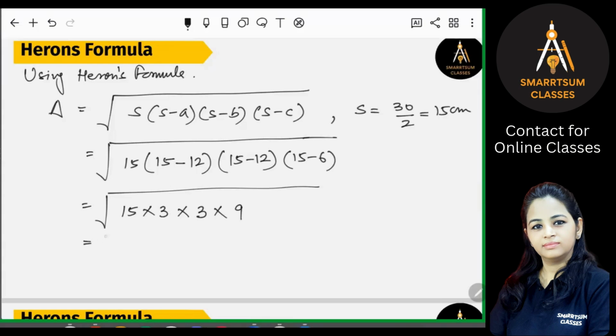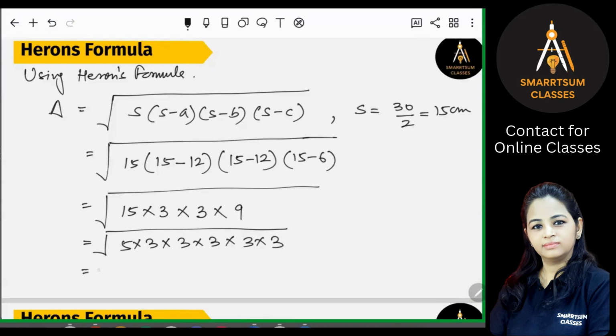Now we can find the square root of this. You can write 15 as 5 into 3, 5 into 3 into 3 into 3, and 9 also can be written as 3 into 3. Is that clear?